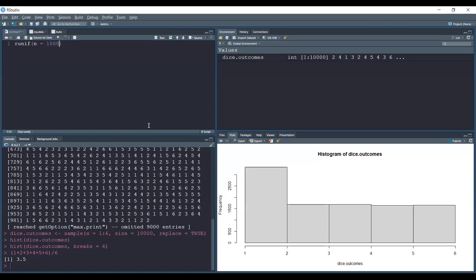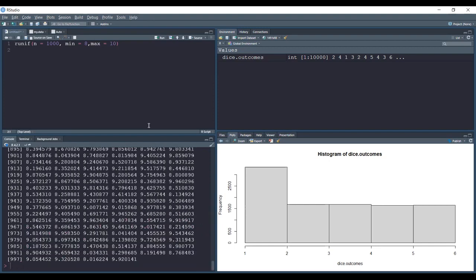Let's generate 1,000 data points from, whatever, 8 to 10. You're going to see very soon what these 8 and 10 are. Okay, that's them. Histogram. Let's call this my data.